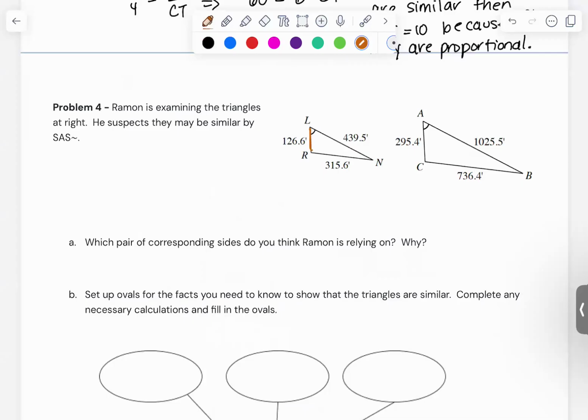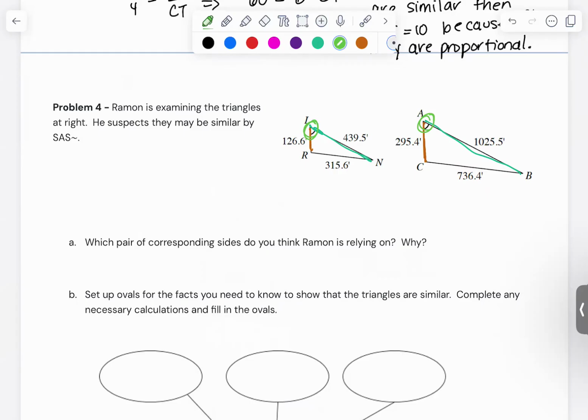So LR and AC obviously look like they are going to go together, and then LN and AB. And the reason I'm picking these sides is because they establish that L and A are the same.